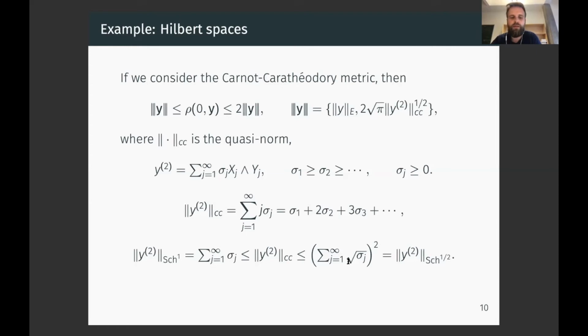In particular, this distance will not be finite for every point in our space. For example, if I take something that decays like 1 over j squared, then it will be finite in the Schatten 1 norm, so it will be in our tensor product, but it will not have finite Carnot-Carathéodory distance.